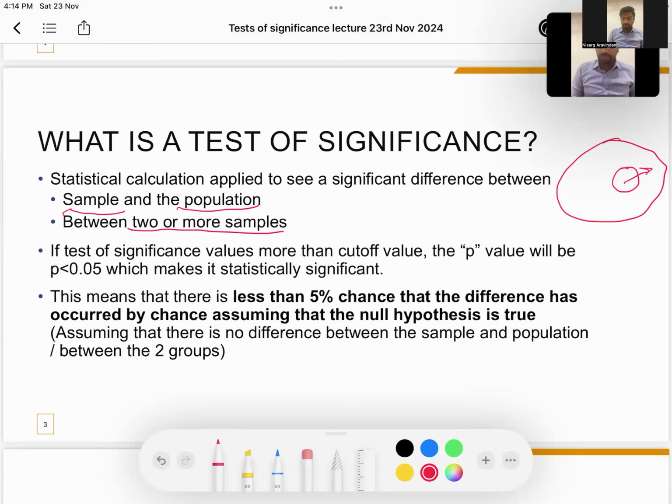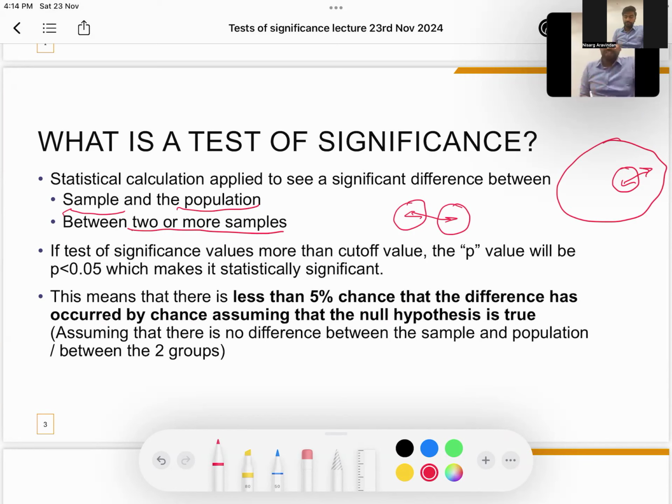You can compare between these two, between the sample and the population. Or it can also be a comparison between two samples. So either the sample is chosen within the entire population, or you compare between two samples. That's how we can compare.